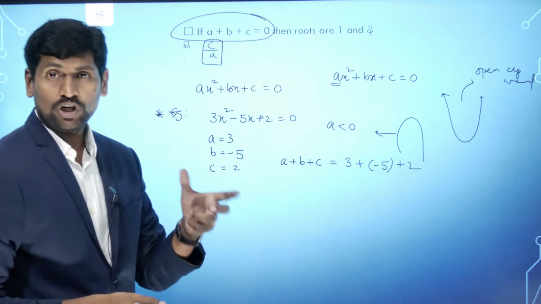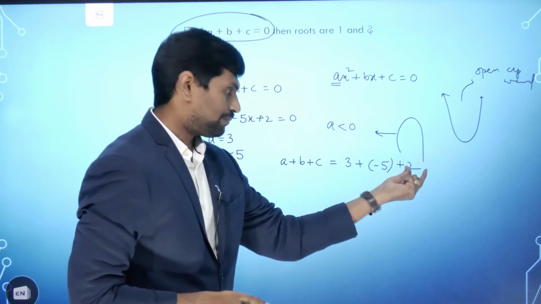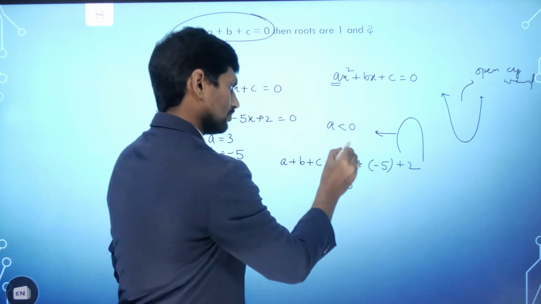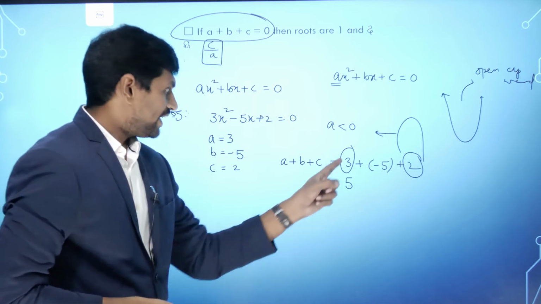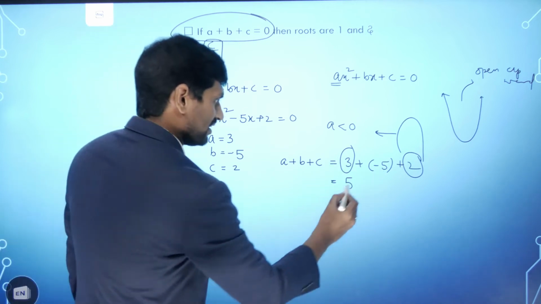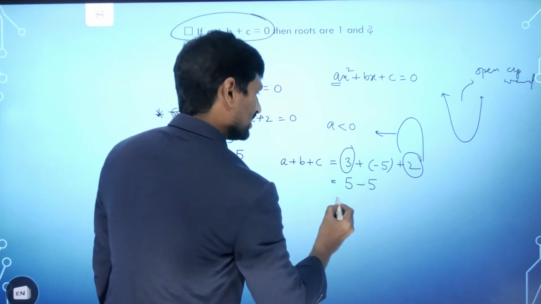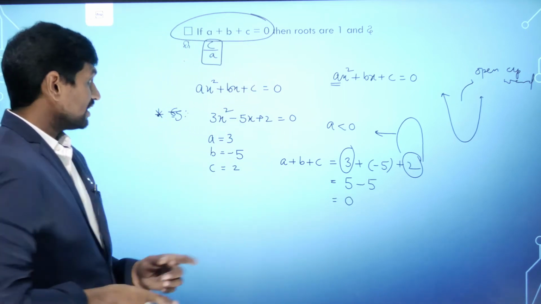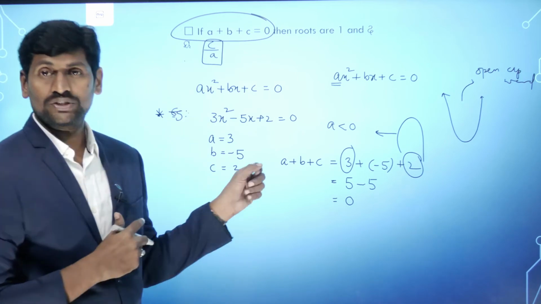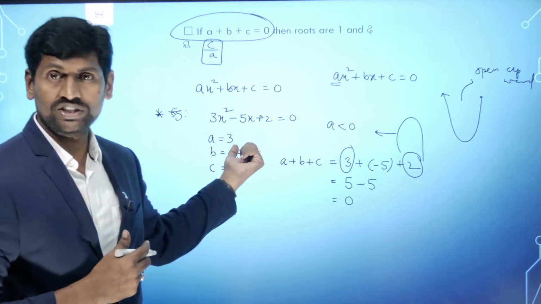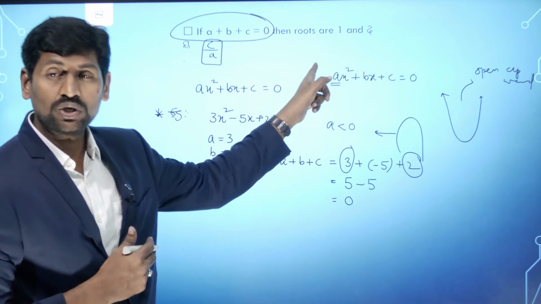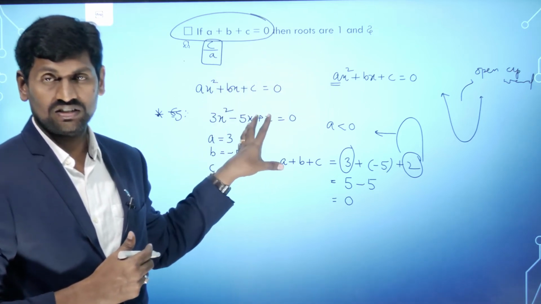I am adding the positive numbers: 3 plus 2 is 5. And here plus over minus is minus. 5 minus 5 is 0. So the condition is satisfied for this quadratic equation.